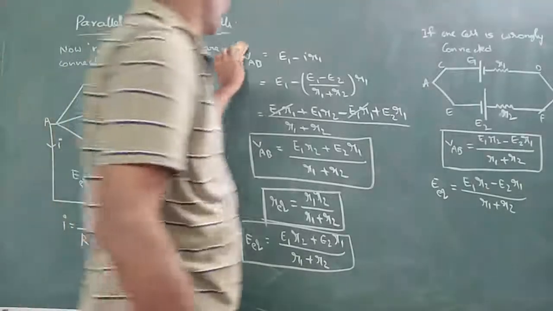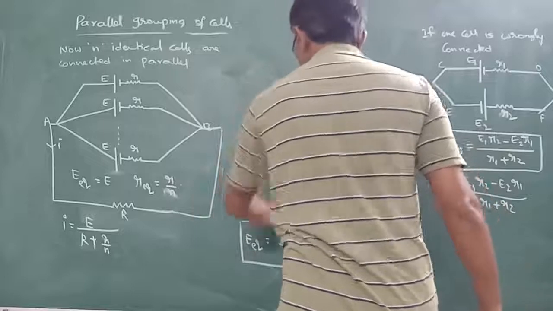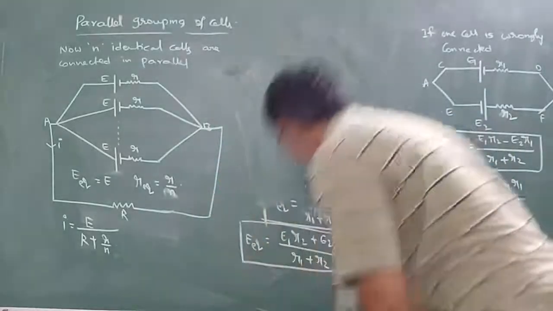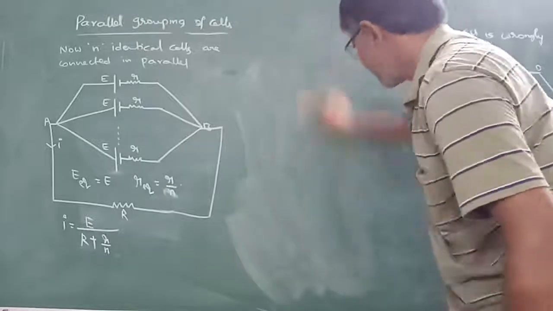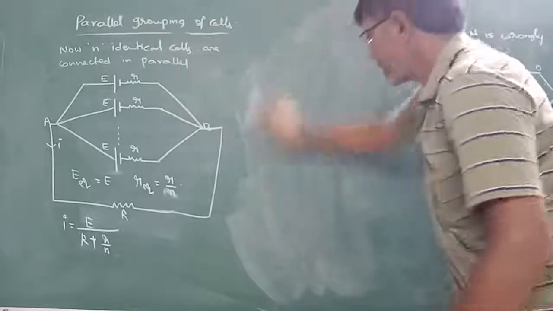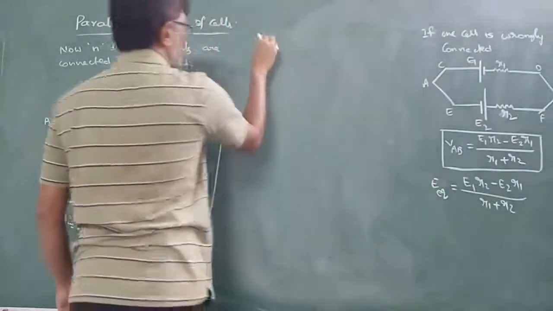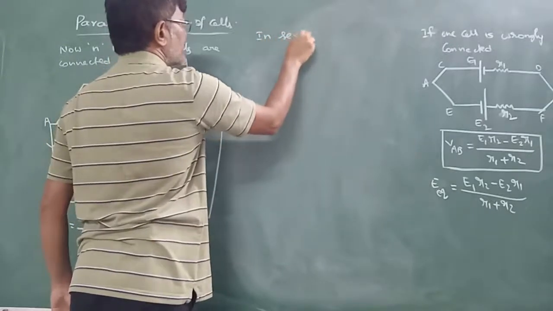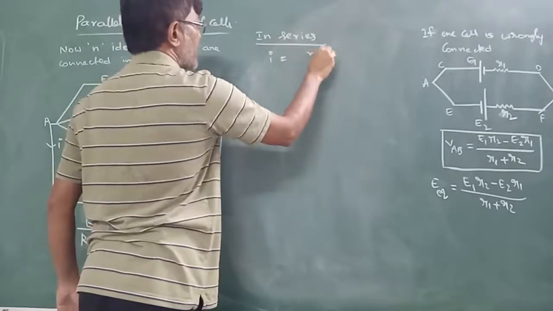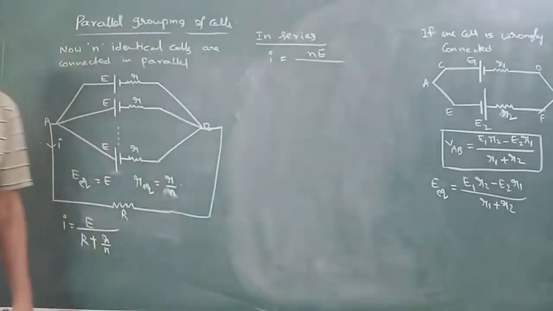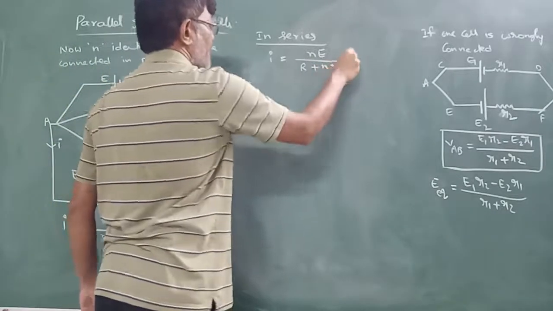Okay. Now compare the parallel grouping and series grouping. In series grouping, I is equal to nE by R plus nr.